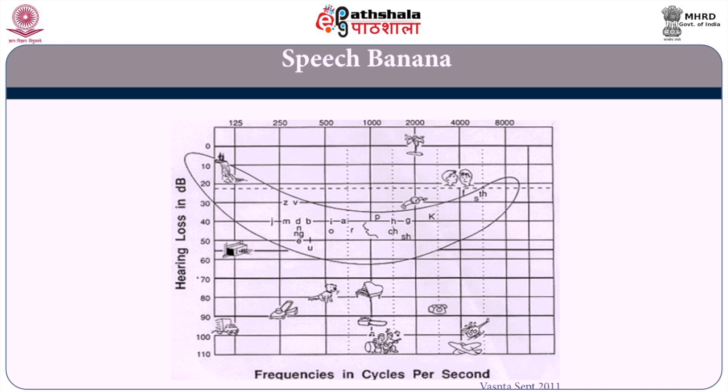On the lower frequency side, you have nasals, vowels, and voiced sounds. Whereas the voiceless consonants are slightly on the higher side, and fricatives like s and sh are very high frequency sounds. And in terms of energy also, vowels and nasals are much louder than the high frequency fricative sounds.